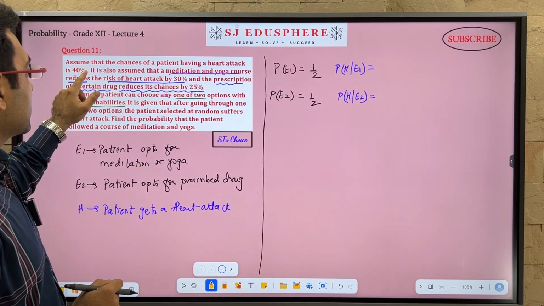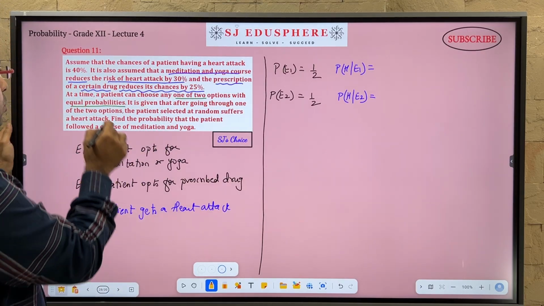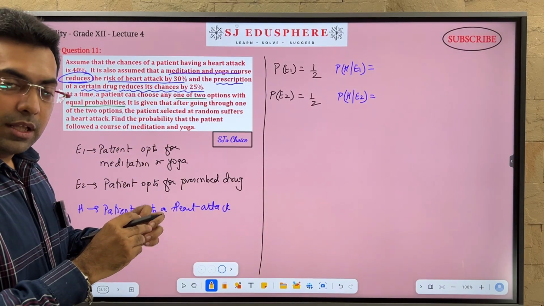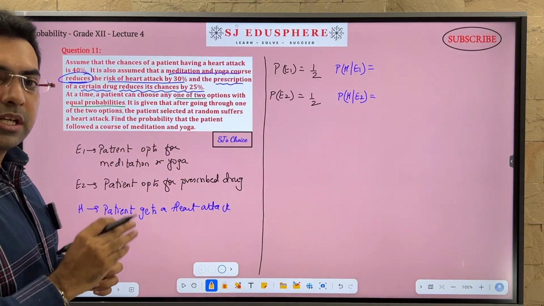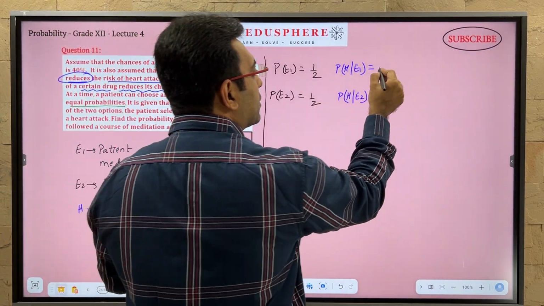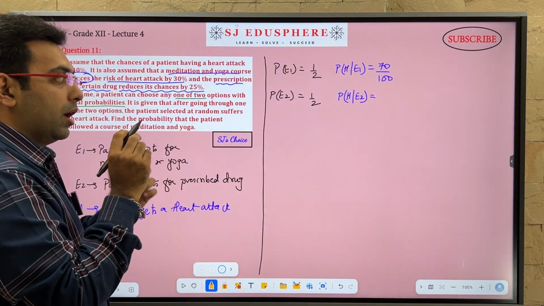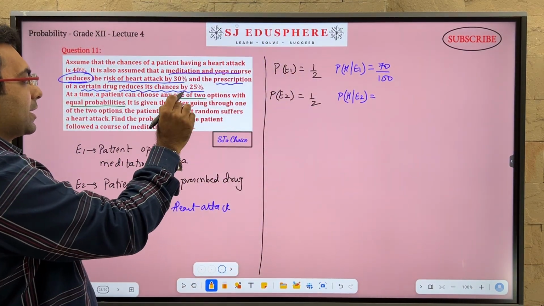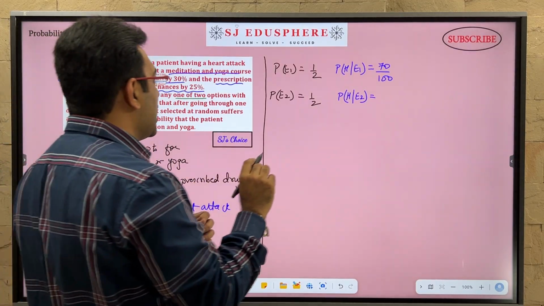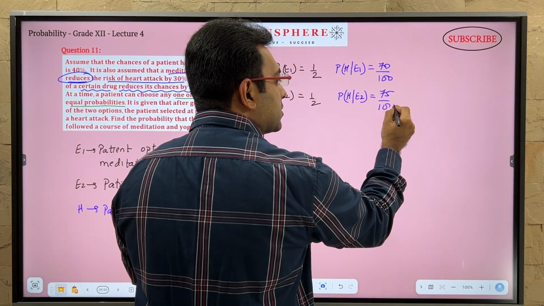The grammar says it is assumed that the meditation and yoga course reduces the risk by 30%. They reduce the risk by 30%, so the chance of it happening is 70%, so this is 70 by 100. Now, taking a prescribed drug reduces the risk by 25%, so the chance of it happening is 75%.